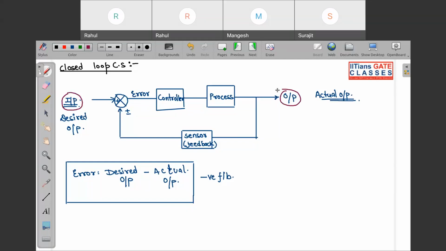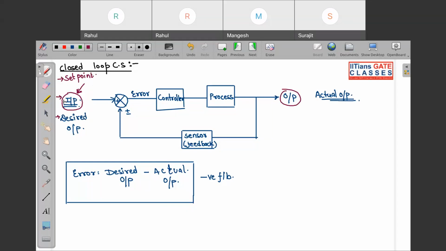The input is sometimes also known as the set point, or the desired output. Whichever terminology you want, you can say input, set point, or desired output.